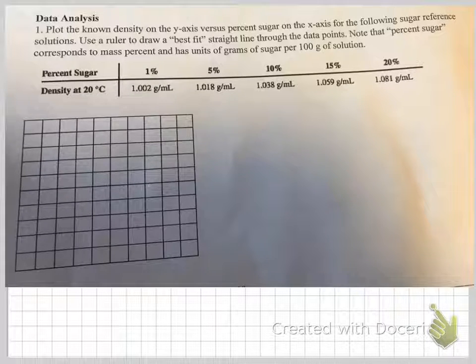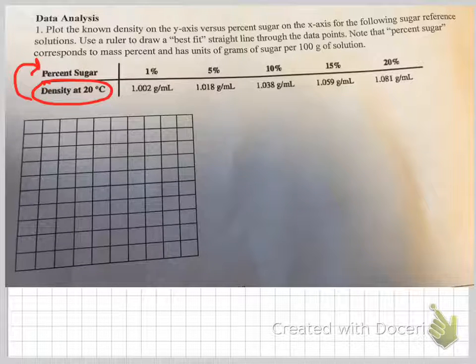In this lab, we want to use the density that we calculated to find percent sugar. The data in this table right here was done by other researchers. It's a known reference chart that, if repeated many times, you end up getting the same data.